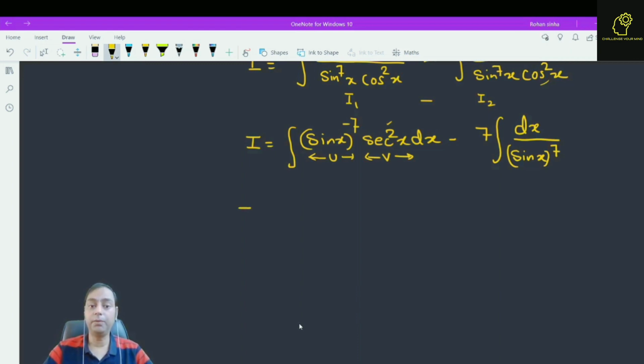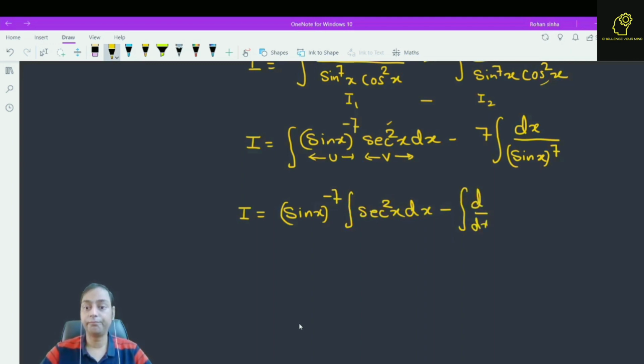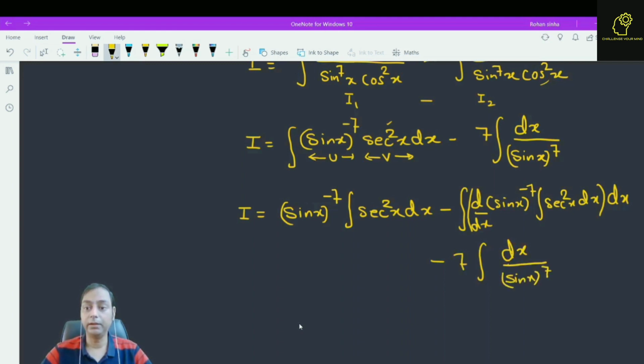So what we find is the integral of u into sec square x dx minus the integral of d by dx of (sin x) raised to minus 7 times the integral of sec square x dx, whole dx, minus 7 times the integral of dx upon (sin x) raised to 7. This is our I2 part.